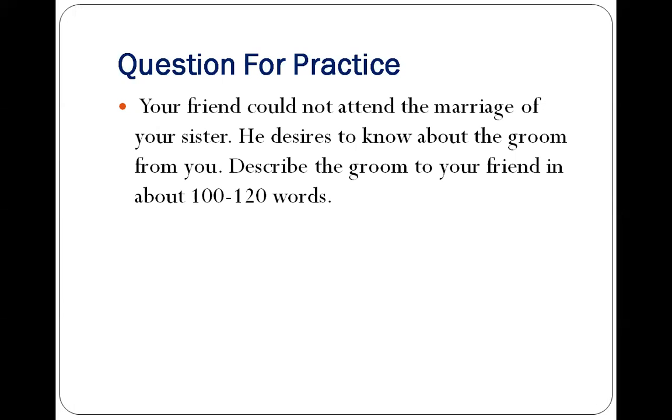Now see, this is a different kind of question where you can be a little bit imaginative, and you can use all the points that were discussed earlier. You can write about height and his physique. Remember, the basic thing needed is that you have to describe the physical appearance. You can add good qualities.